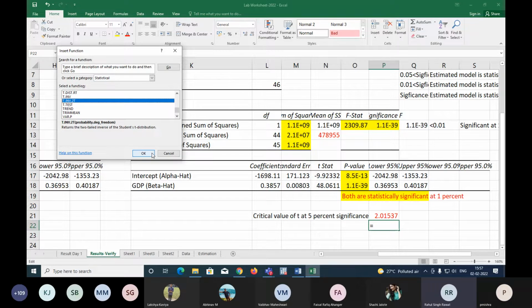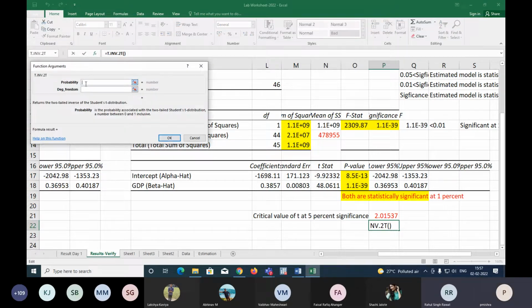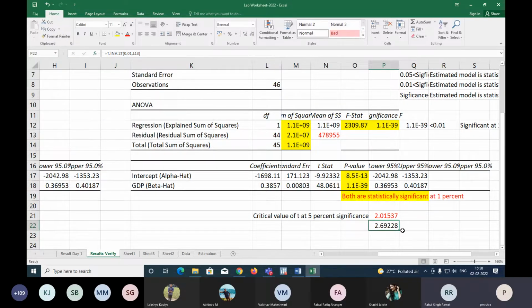I'm going for say 1% significance level, that is 0.01, and then degrees of freedom, again this 44, and this is the theoretical value. You need to compare this computed value with this theoretical value. If this computed value, absolute value of course, is greater than this theoretical or critical value, then we'll reject the null hypothesis at 1%.